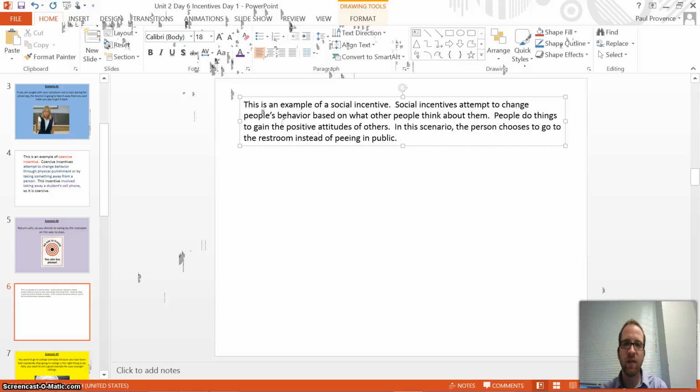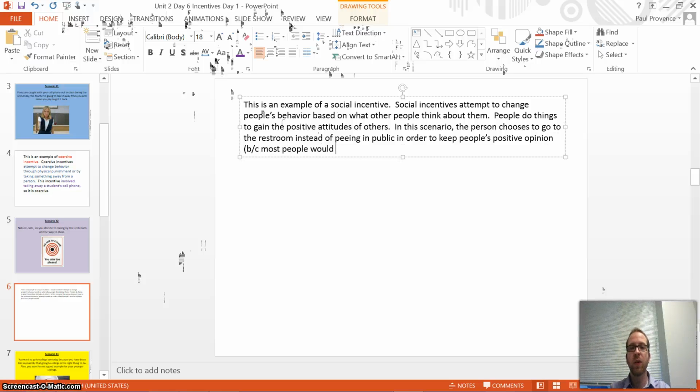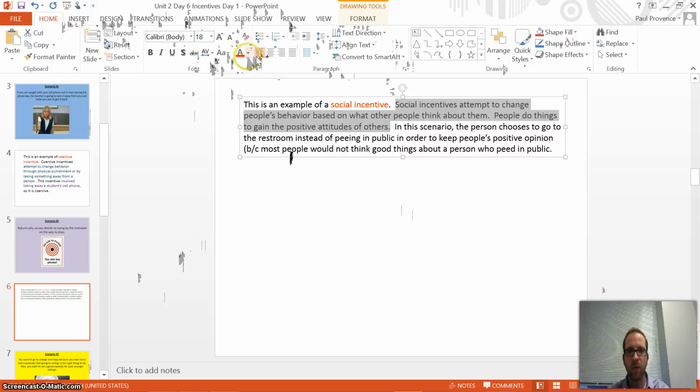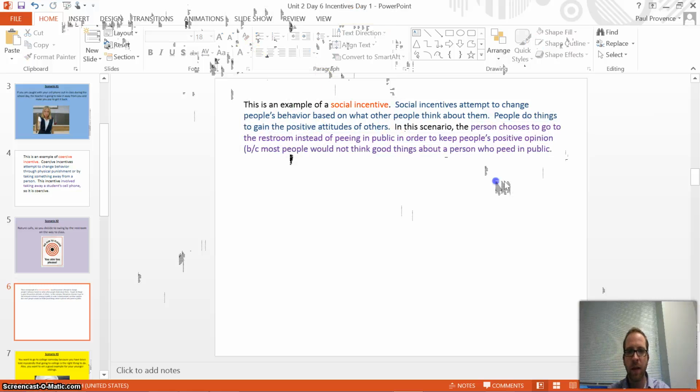People would definitely have a negative feeling, so to keep people's positive opinion, because most people would not think good things about a person who peed in public. Okay, so that's option number 1. Notice that we have our identify in red, our define in blue, and then our explain again in purple. So that would get us all 3 points.